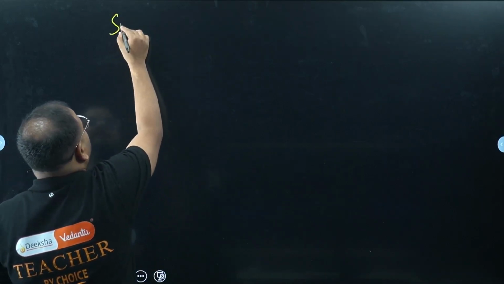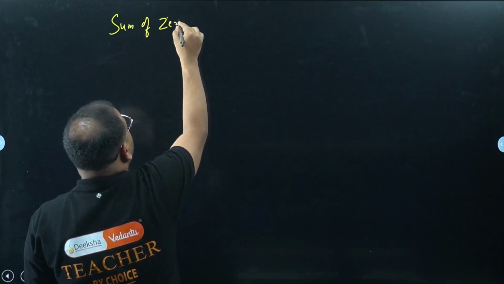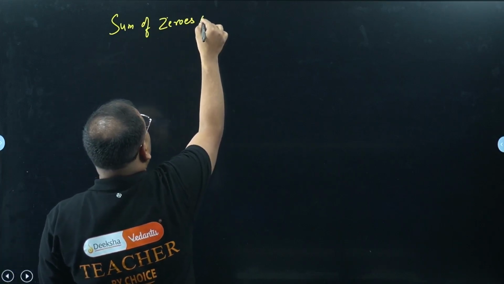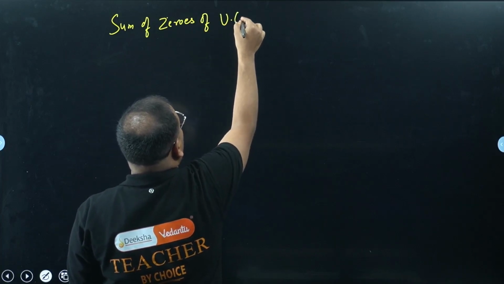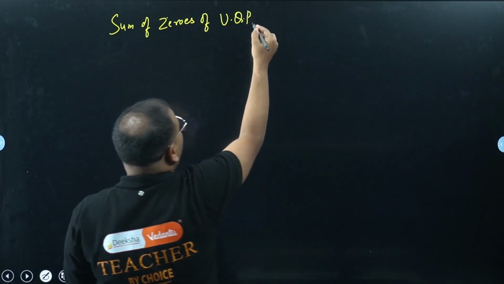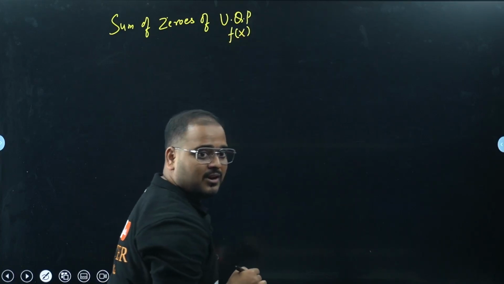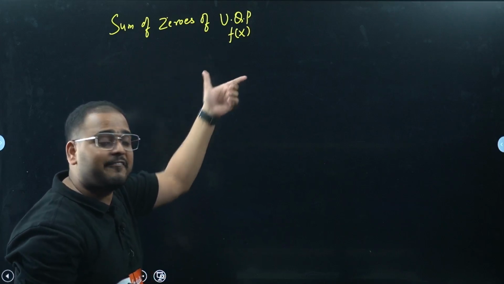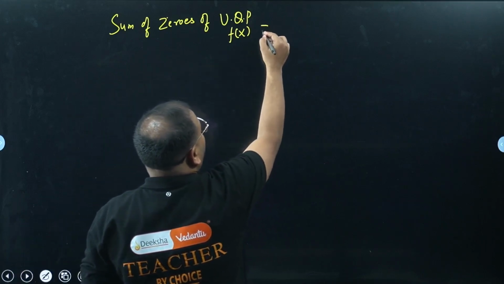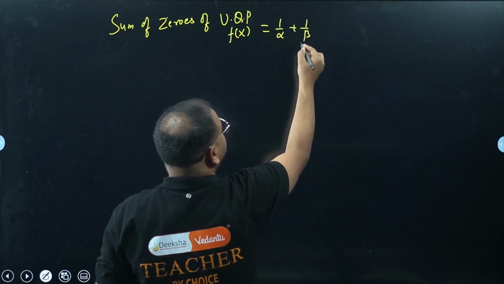So I'll write here the sum of zeros of the unknown quadratic polynomial, which I have taken here as f(x). What is UQP? Unknown quadratic polynomial, which is asked in the question, f(x), is given by 1 by alpha plus 1 by beta.